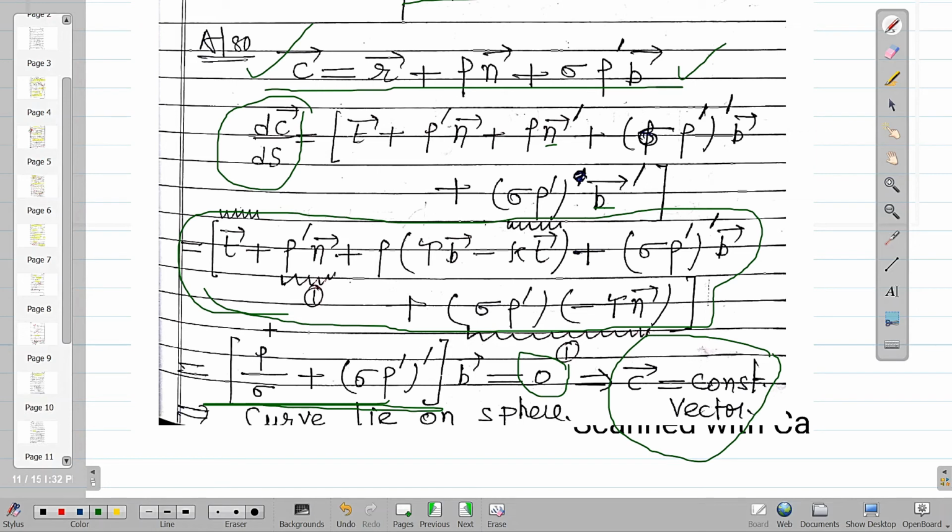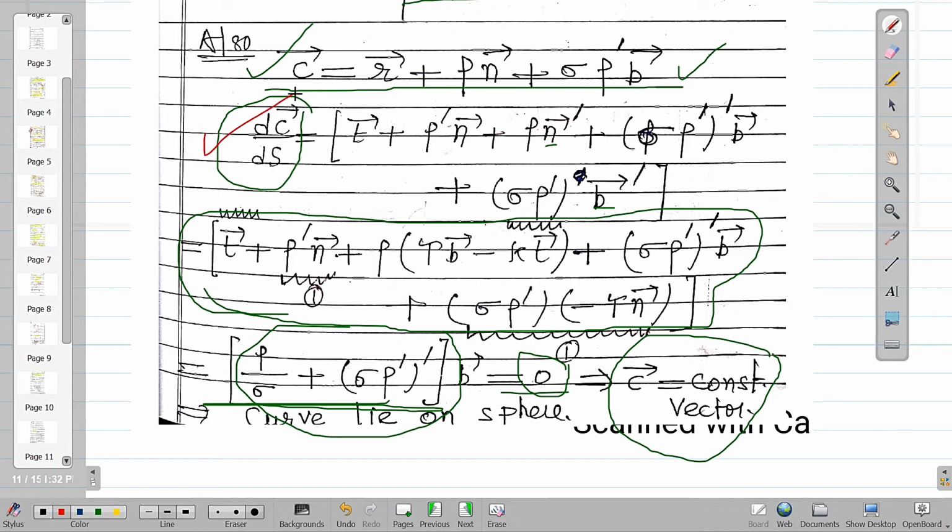Now we know that the value of this equation is 0 by the question. If the value of this equation is 0, then the total product is 0. If the total product is 0, then it means dC by ds is equal to 0.